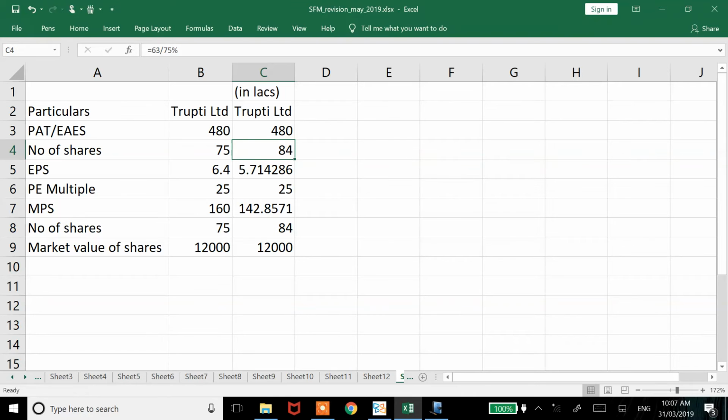And you can recreate the same table. With these two tables, you will answer whatever is asked in the question. Most of the information will come from these two tables.